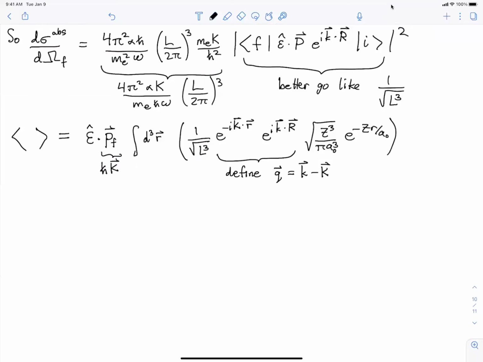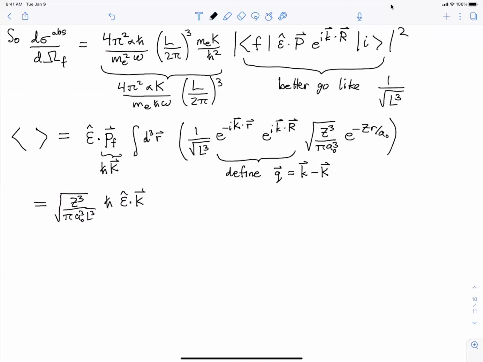And so now if we clean this up a little bit, this is square root of Z cubed over pi Bohr radius cubed L cubed, h bar polarization dotted into final state K vector.